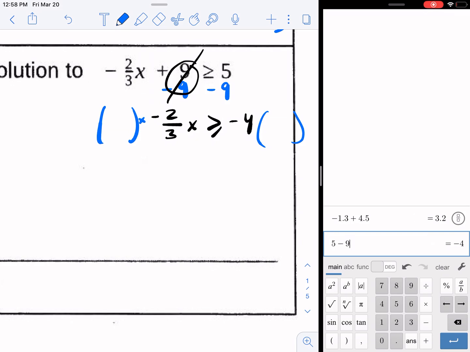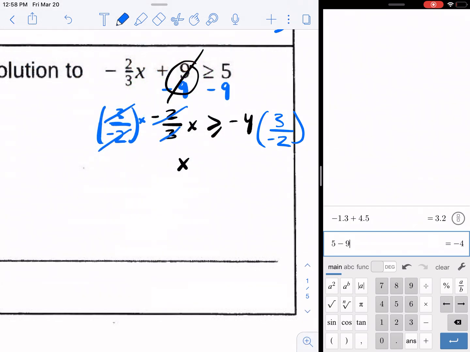So, the reciprocal of negative 2/3, well, that is, flip it upside down, 3 over negative 2. If I do that, well, negative 2 on top, negative 2 on bottom, 3 on top, 3 on bottom, 1 times x, well, that's just x.